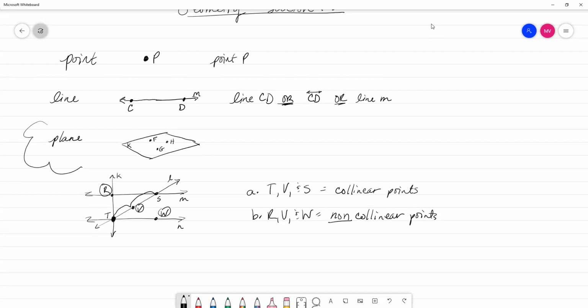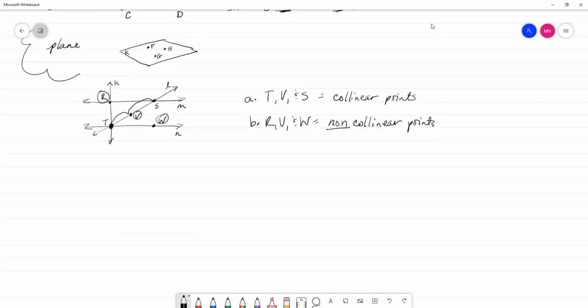Skew lines are lines that are not coplanar, so they don't share the same plane. Parallel lines are coplanar lines that do not intersect. And when we work with parallel lines, this should look familiar, we use the symbol, the straight up and down lines, when we say that two lines are parallel.